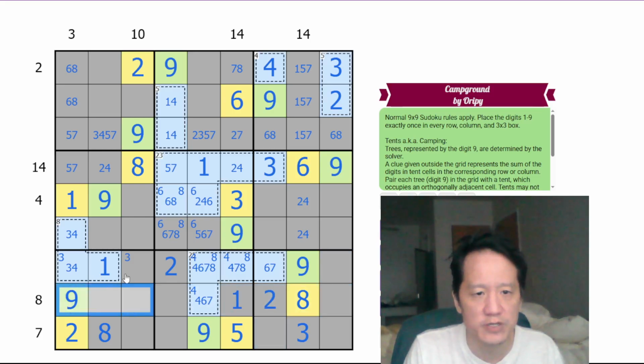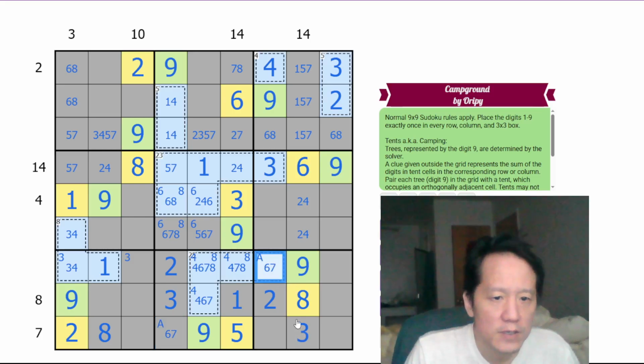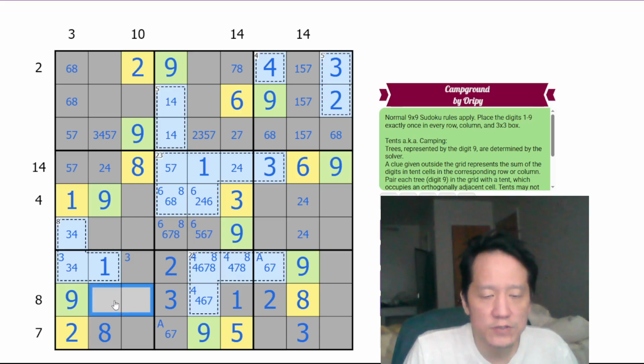It cannot be any of these because one of these two must be a 3. It can't be here because this can't be a 3 because of that 3. It must be here. So this is a 3. And the last remaining digit is a 6 or a 7, which matches that. So we're going to make that now the A. And it must go to one of these two digits. We're not sure which.